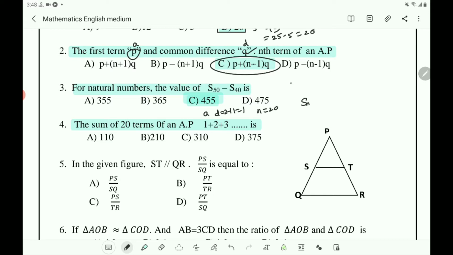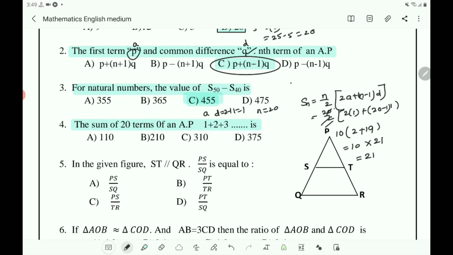Then you write the formula Sn equals n by 2 into 2a plus n minus 1 into d. N is 20, 20 by 2, so 2 into 1 plus 20 minus 1 into d. D is 1. So 2 ones are 2, 2 tens are 10 into 2 plus 20 minus 1 is 19, 19 into 1 is 19. So then it is 10 into 19 plus 2 is 21. 21 into 10 is 210.